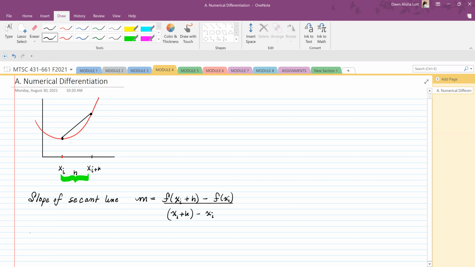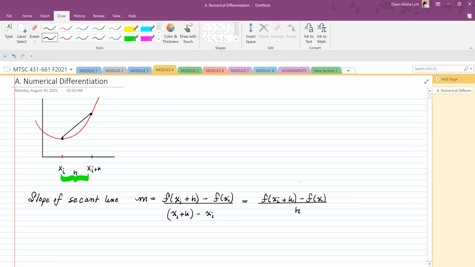Okay, so that's the motivation of this. And then that just comes out to be f of xi plus h minus f of xi all over h. And they tell you that is the slope of the secant line.